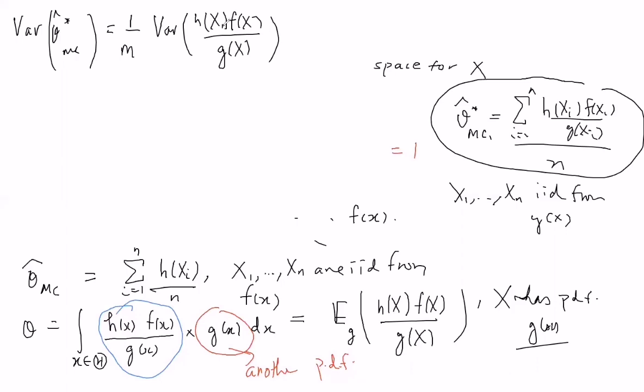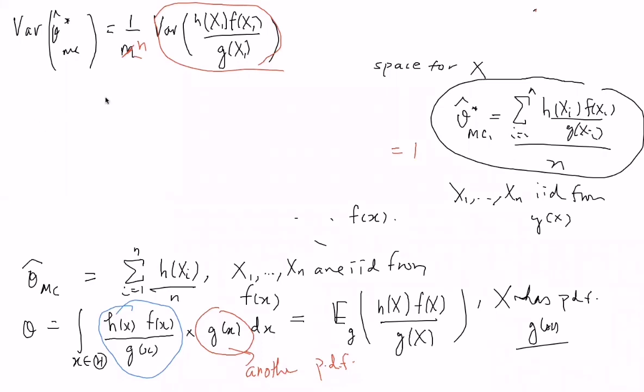For simplicity, I'll just write the big X without the subscript, since they are IID. This 1 over n is just a constant term. So we want to find this variance, and how do we find this?